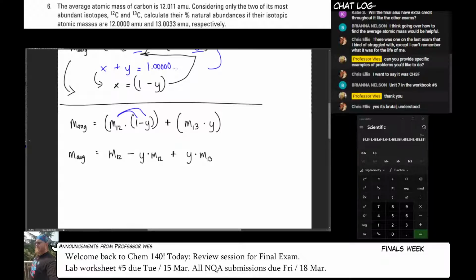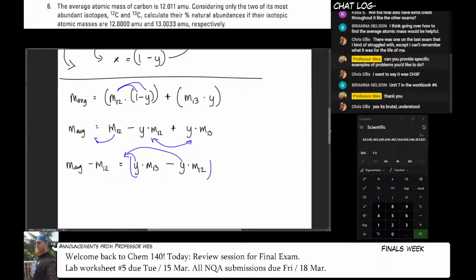Now, the next thing I'm going to do is move all the Y's to one side. I've already got them all on the right, so I'm going to move this over here to get rid of it. And then I'm going to swap these two so that I have something minus something else. So that's going to make this look like this. And then I'm going to factor out Y. So I'm going to do parentheses, and pull Y out of there.